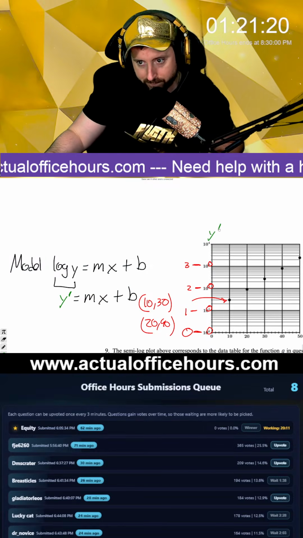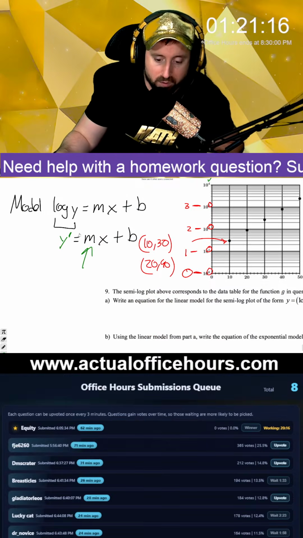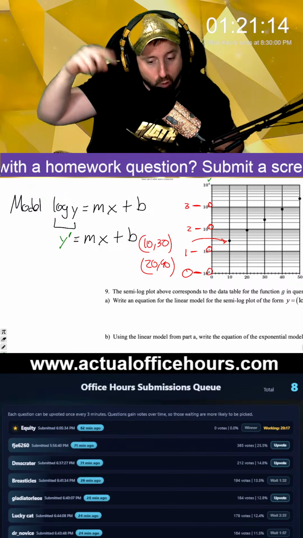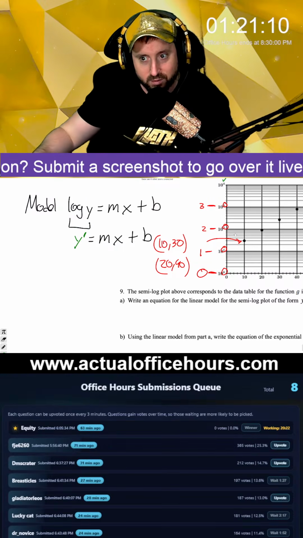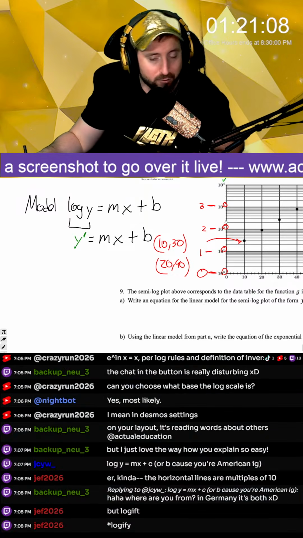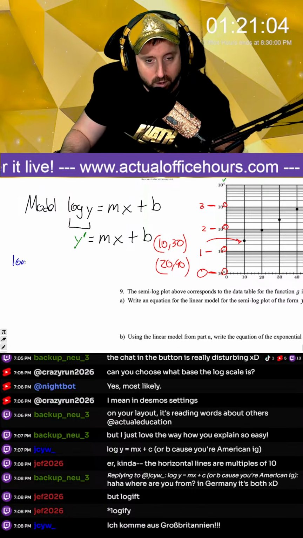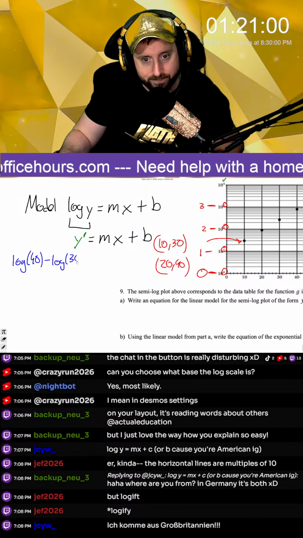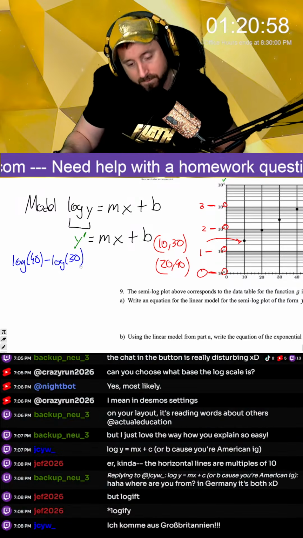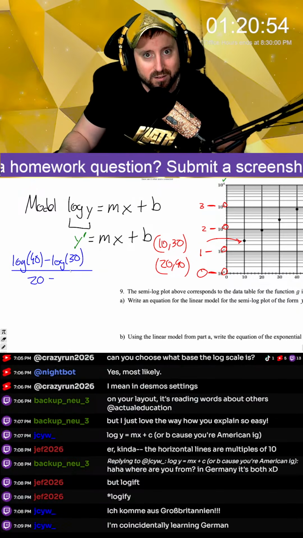So when finding the slope, I need to do y prime minus y prime over x minus x. It's rise over run, but that rise is in log land. So I'm going to say the log of 90 minus the log of 30, all over 20 minus 10.